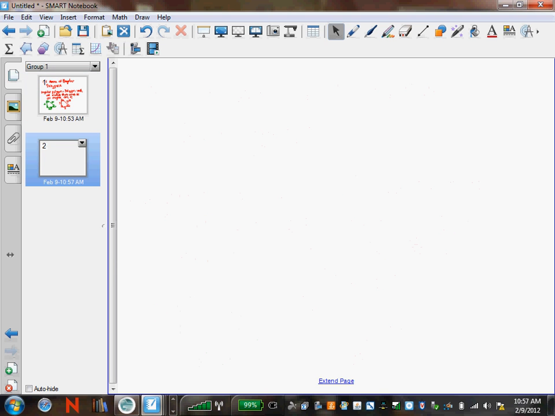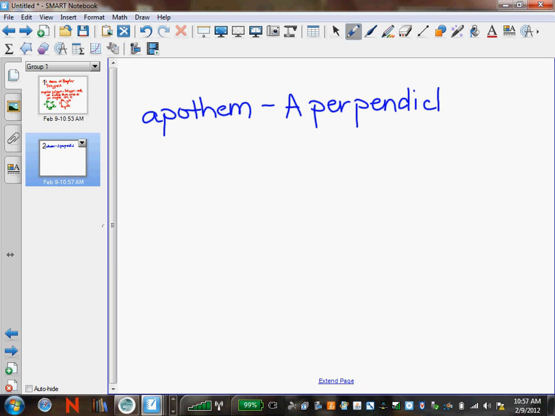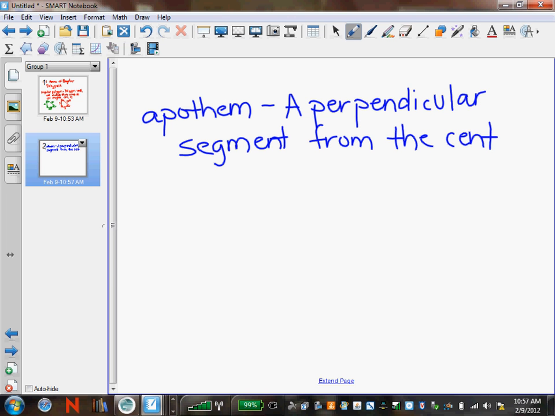A new definition is for an apothem. This definition is a perpendicular segment from the center of the polygon to the midpoint of any side.